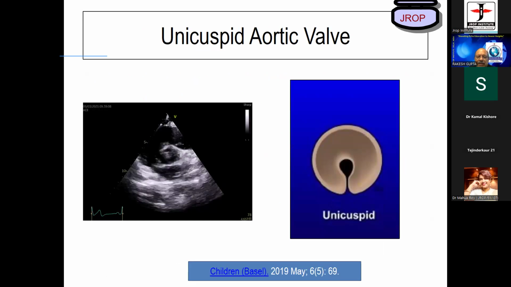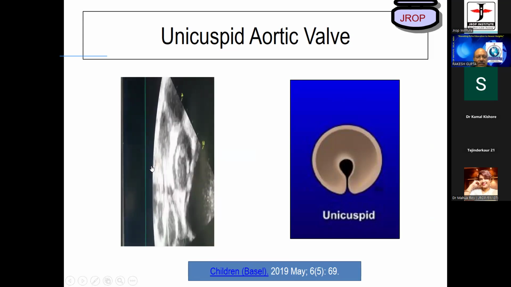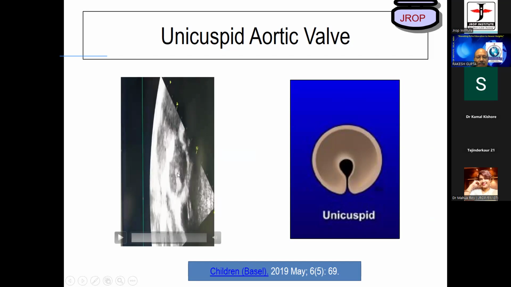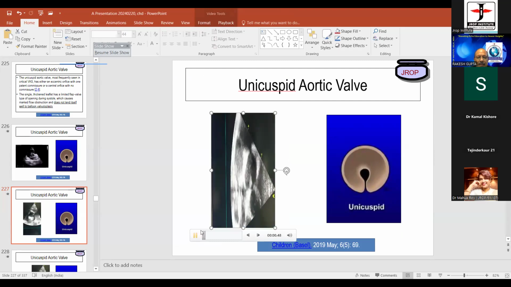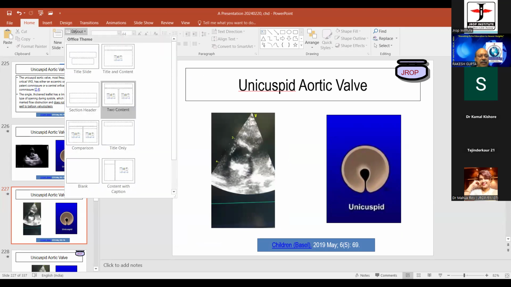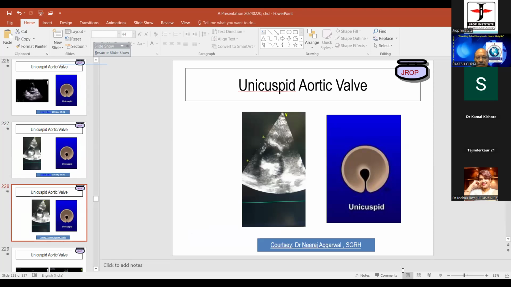Now, unicuspid aortic valve. Single cusp. Oh, it is rotated. Give me a second. Try to look at this unicuspid aortic valve. Let me rotate it. I don't know what exactly happened to this. This was picked up from the lab. This should be seen better.